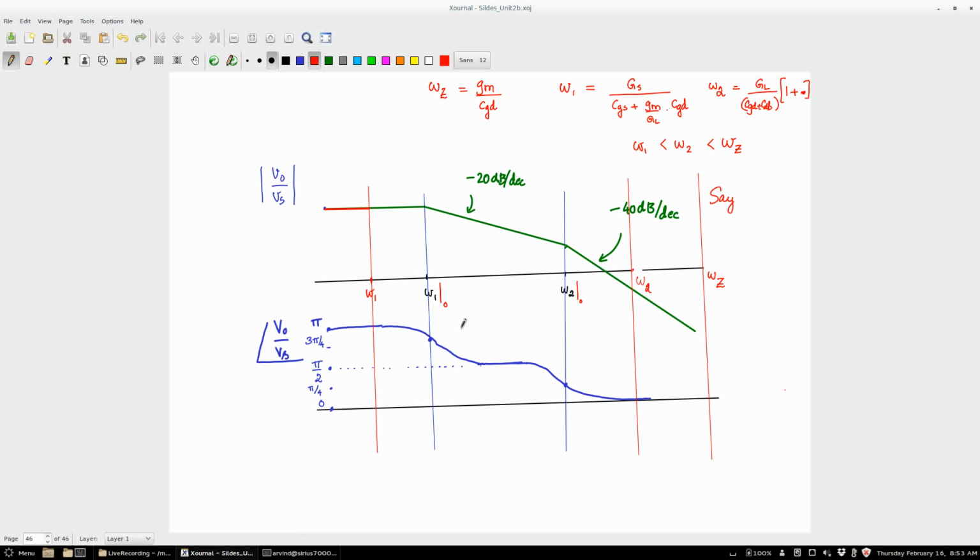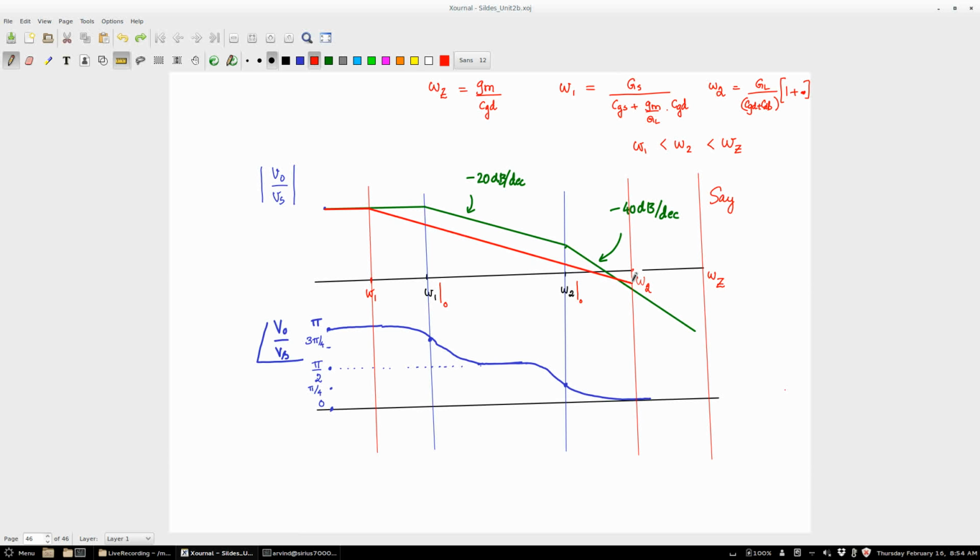This is omega. Okay, what should happen until this point? Until omega 1, what will it be? It will be the same, right? Nothing happens. So from here to here, the same. What happens after that? How much do you roll off? Minus 20 dB per decade. And where will you roll off with minus 20 until omega 2?